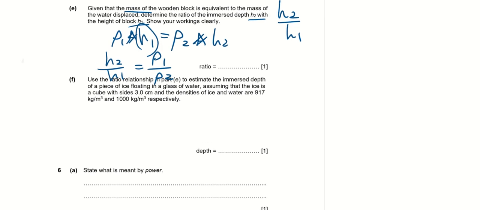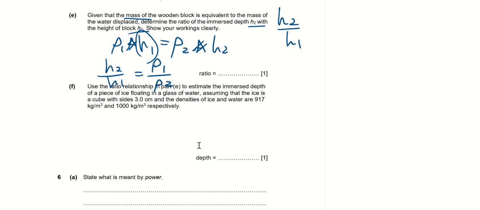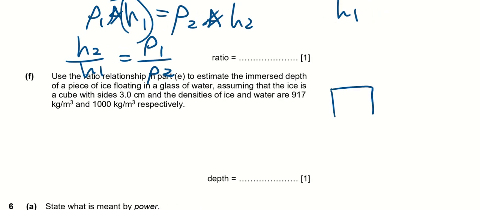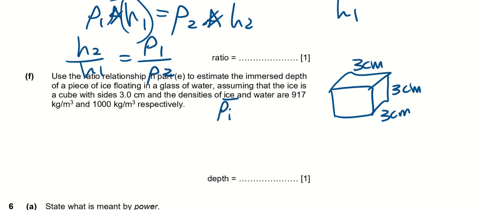Okay, use the ratio relationship in part E to estimate the immersed depth of a piece of ice floating in a glass of water, assuming that ice is a cube with sides 3 cm. So this is my ice. The side is 3 cm. It's a cube. Density of ice, rho ice, is 917 kg per meter cube.